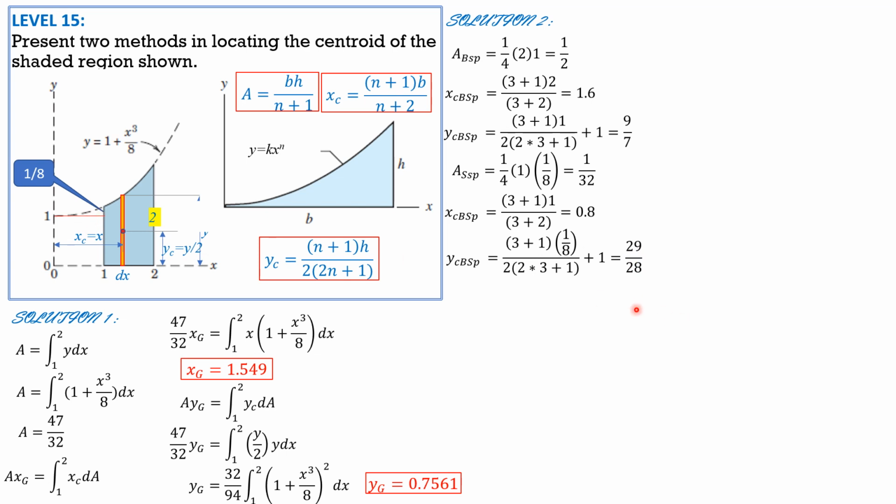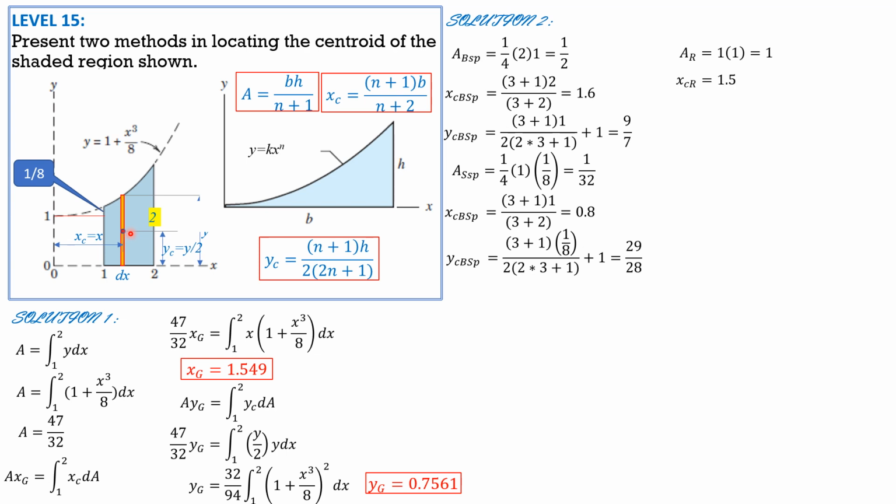So that's correct. Then for the rectangle, the dimension would be 1 by height 1. So it is a square. The area of the rectangle is 1 by 1, so 1. Then x sub c is 1 plus half of 1, 1.5.